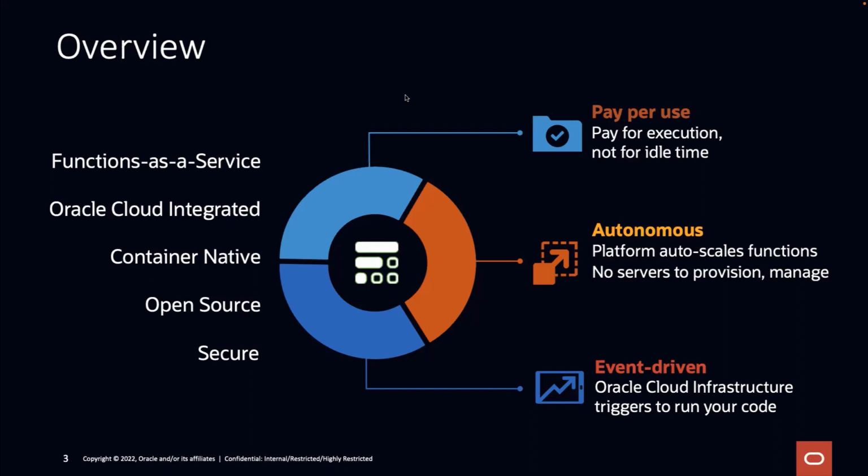In that case, your application can trigger a function, right? That can be one of the triggers. There is Oracle Events involved. So for example, when you upload a file in an object storage bucket, there can be an event trigger which can invoke your function, which can do some data processing on the file that was uploaded, right? So things like that we can do with Oracle Functions.